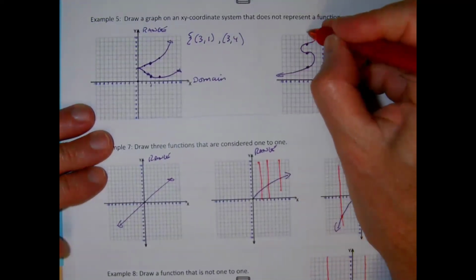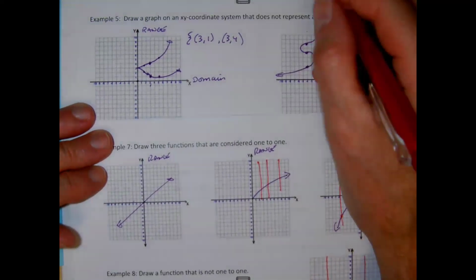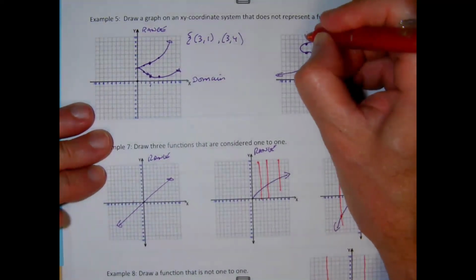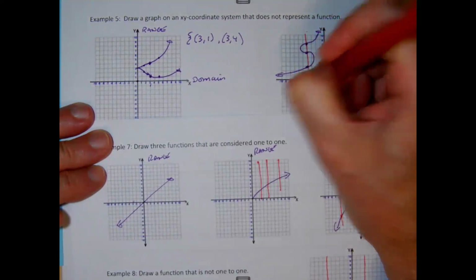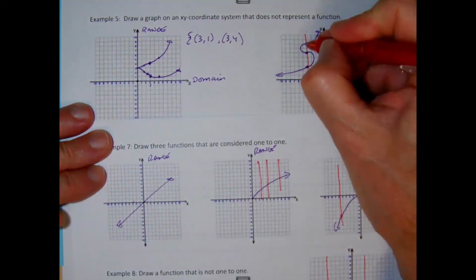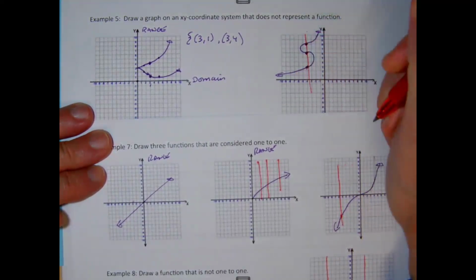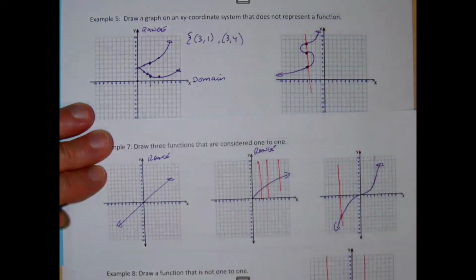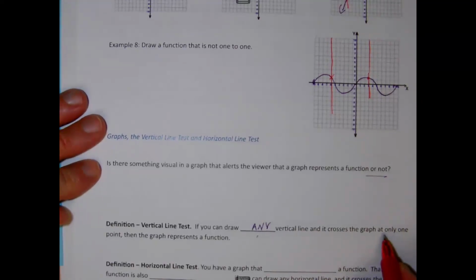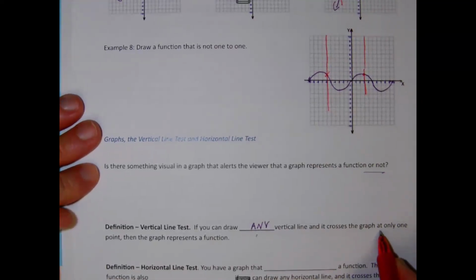Well, you'll notice if I draw this vertical line here, all of a sudden I'm intersecting at more than one point. And it's got to be at only one point. So to be a function, you must draw any vertical line, and it can only cross the graph at one point.